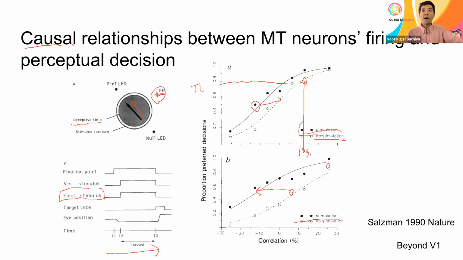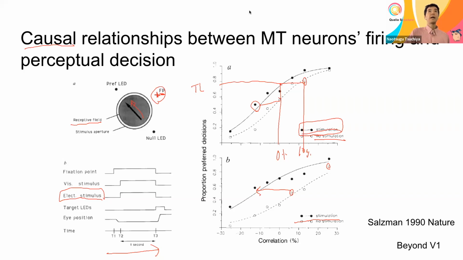However, when combined with the stimulation, they needed only 0% motion, meaning it's a random scramble. But they still said that it was moving to the top left. So it seems like this stimulation of the population of neurons within MT changes the perception of motion.